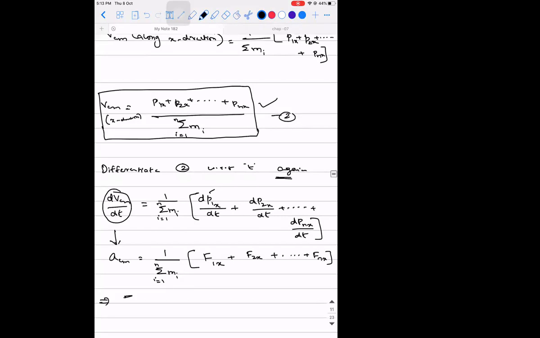Okay. So if you have the sum of all the forces acting along x direction, I'll write an additional step. Listen. So acceleration of center of mass along x direction is equal to 1 by sigma mi, where i is equal to 1 to n, times the sum of all the forces acting along x direction.